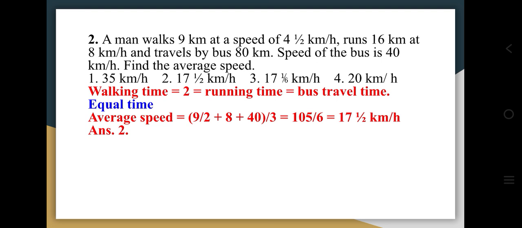So 9 by 2 plus 8 plus 40 divided by 3, which is 105 by 6. On simplification, it is 17.5 kilometer per hour. So the answer is choice 2.